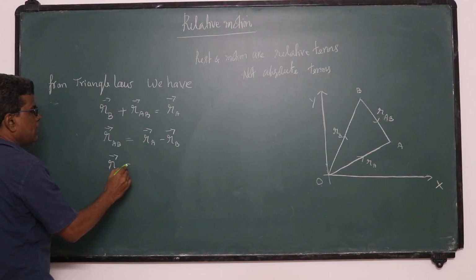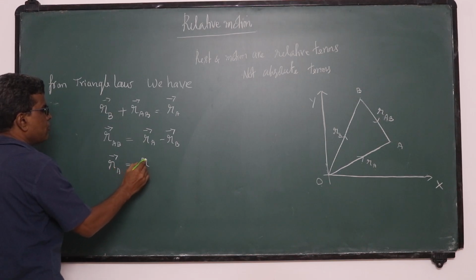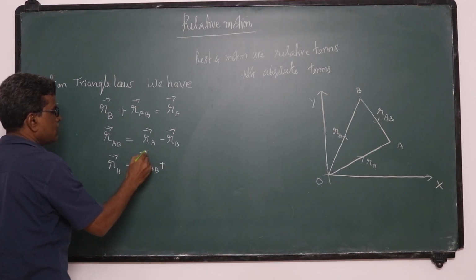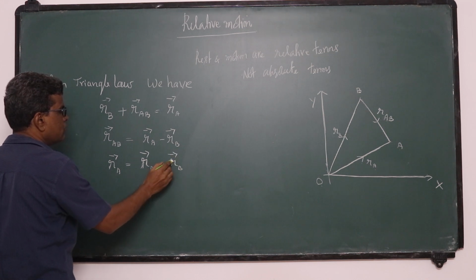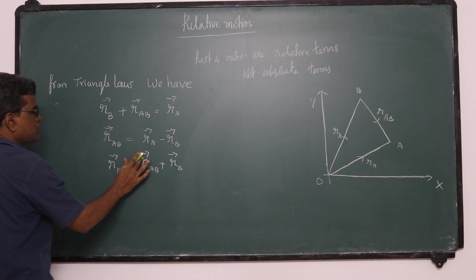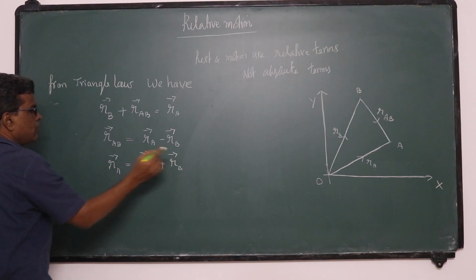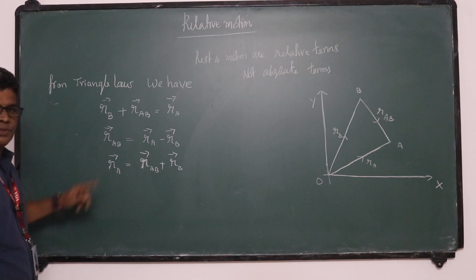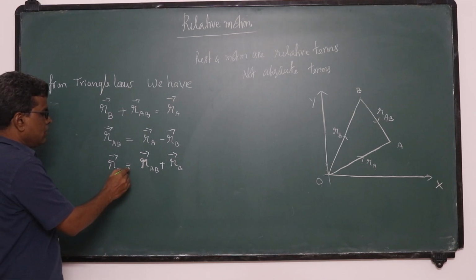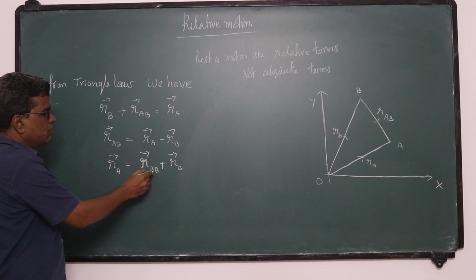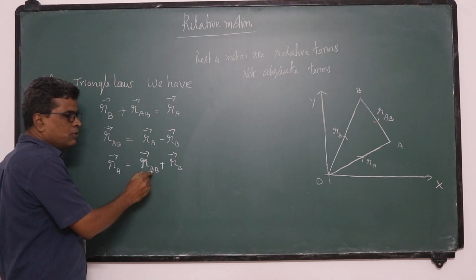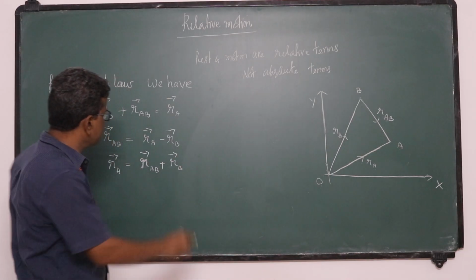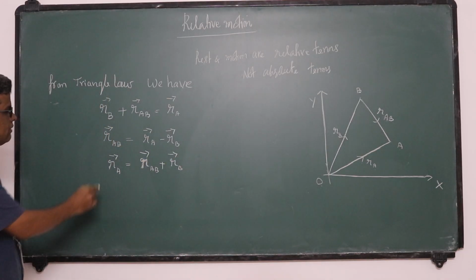So RA can be written as position of A with respect to B plus position vector of B bar. So position of A with respect to this coordinate system is equal to position of A with respect to B plus position of B. You will get this one.